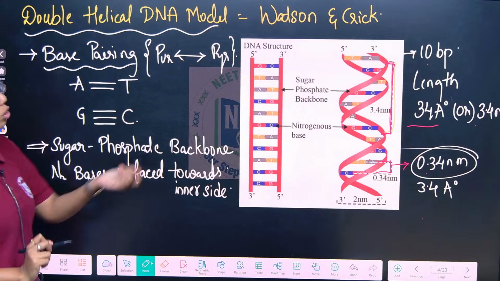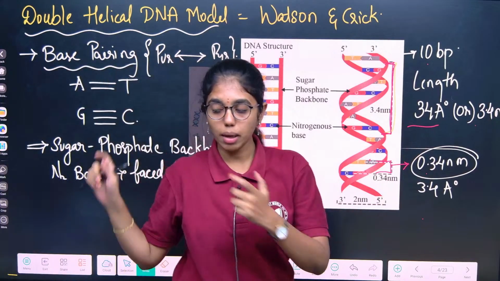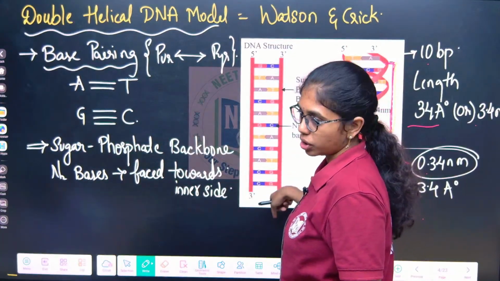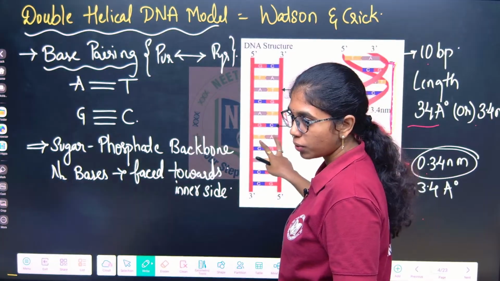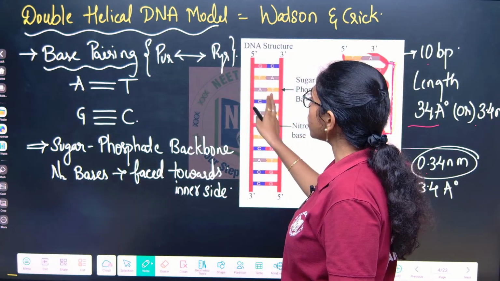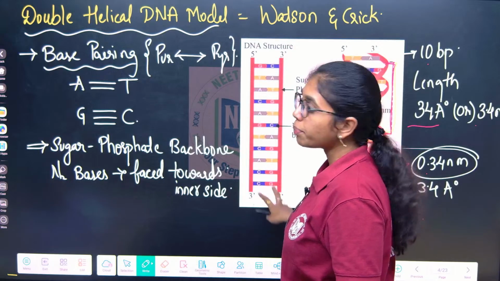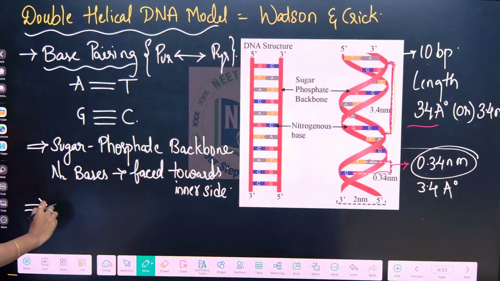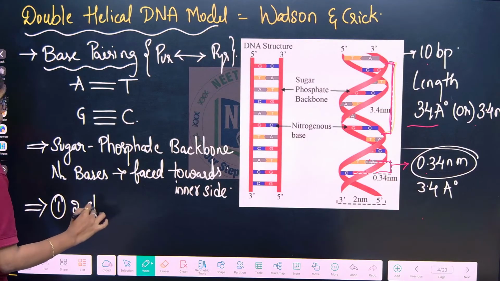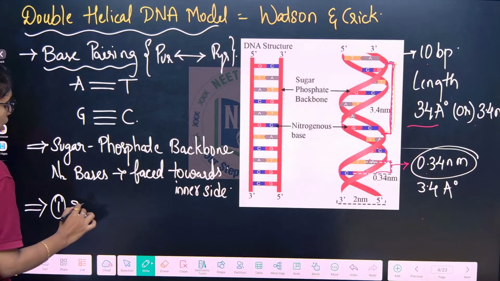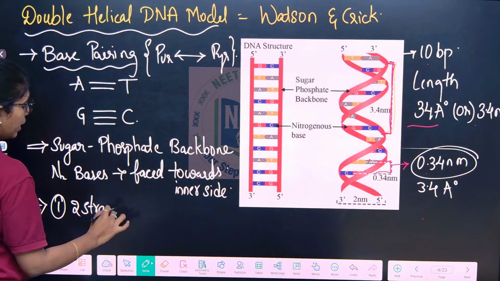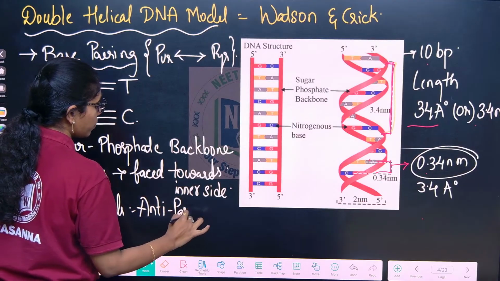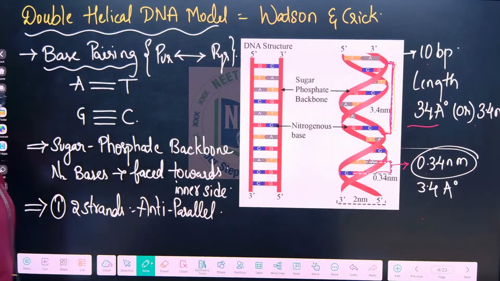Next is two strands of this double stranded DNA, these two strands run anti-parallel to each other. Okay, and nitrogen bases which are connected at the center, these are complementary to each other. Okay, so two things you have to make a note here. One is two strands of the double helical DNA are anti-parallel to each other.